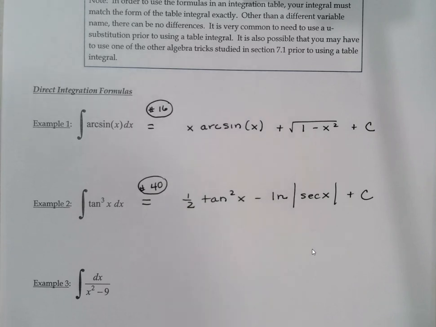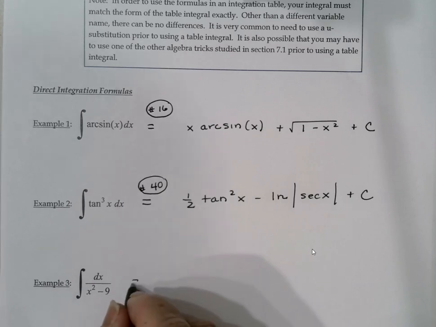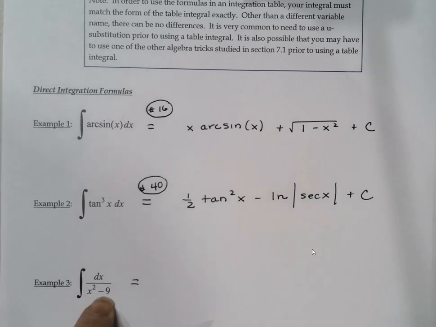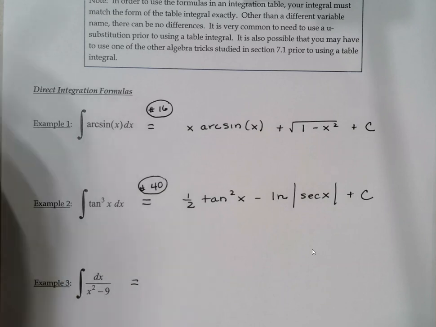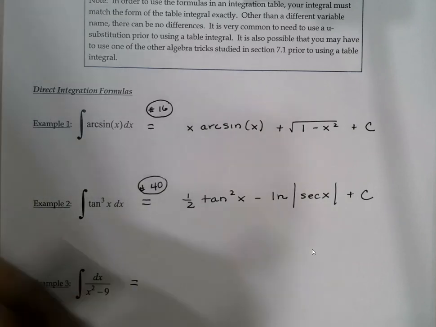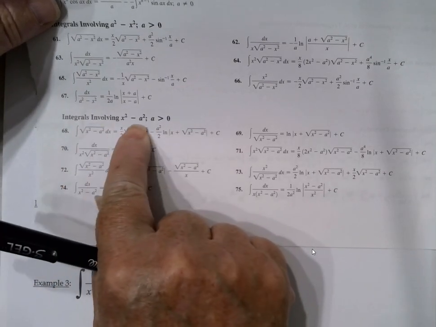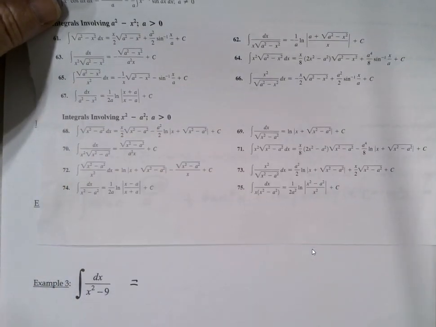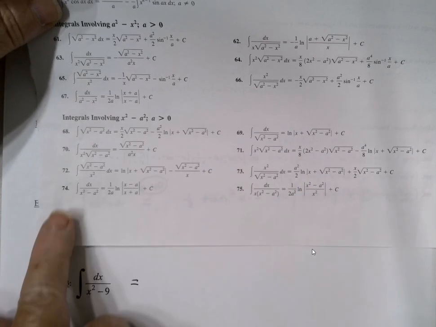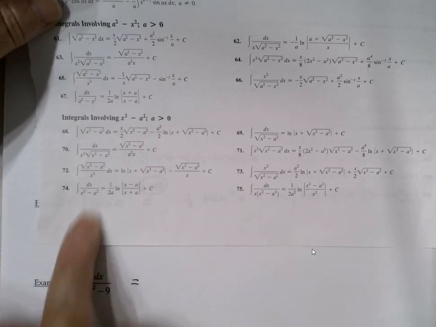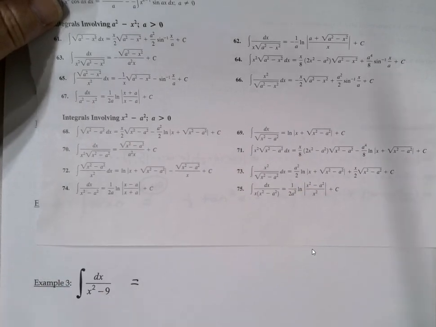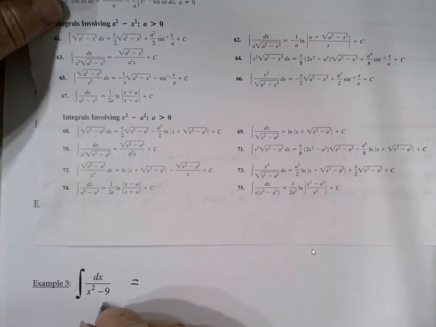All right, in example 3, dx over x squared minus 9. This is an x squared minus a squared form. And so there's a whole section here, integrals involving x squared minus a squared, that I'm looking at. As I look through this section, I'm finding number 74 here. It looks like this, with an a value of 3.